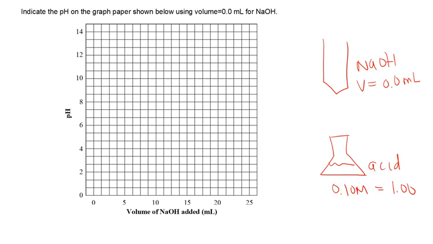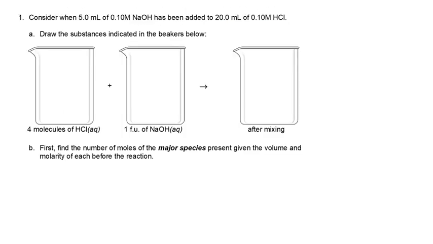So I'm going to add that to my graph paper. So 1 is right about here. So I'm going to put a little dot for the pH with a 0 volume of NaOH. Okay, so then let's say again, we're doing our titration, and initially we have 0.1 molar of the acid in the Erlenmeyer flask.